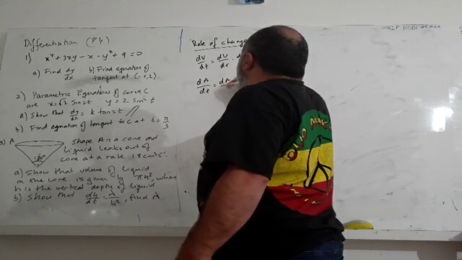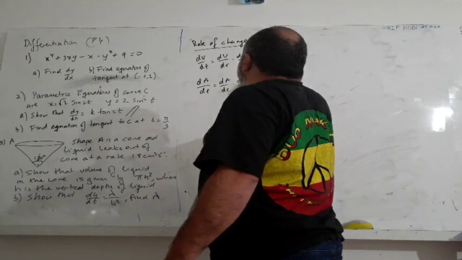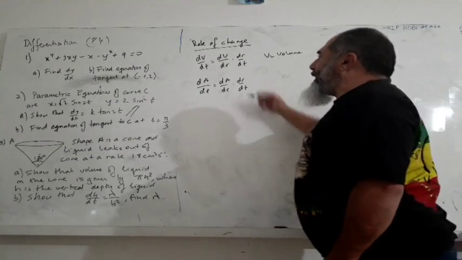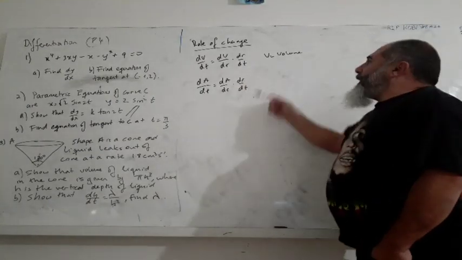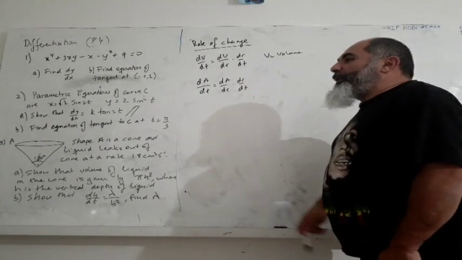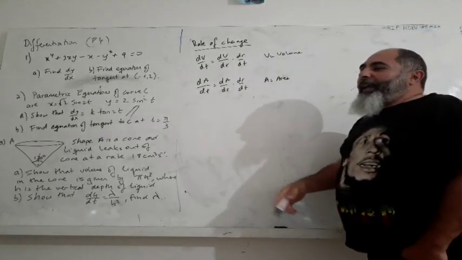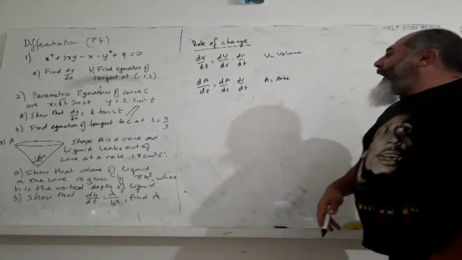Here I use r for radius, but that variable may change. A is the area, but instead of r, we may have x, the length, or the height, h. That is the case in question 3.